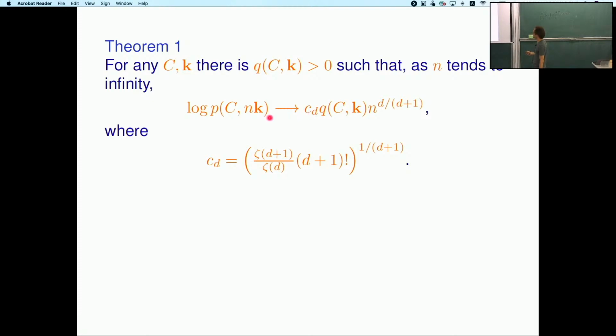And this is the limit as n goes to infinity. I don't know what happened to that notation, but it should say limit as n goes to infinity.